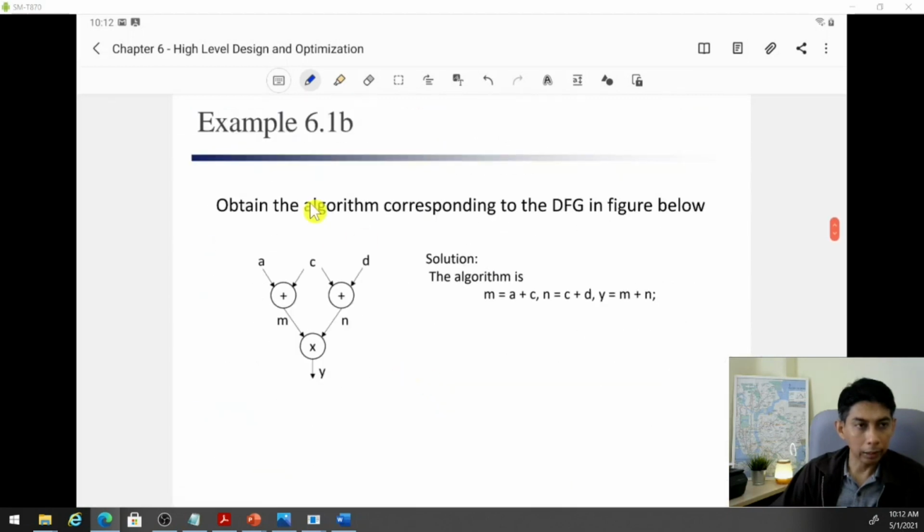And let's look at the second example, 6.1b. Obtain the algorithm corresponding to the DFG in the figure below. So this is the DFG.